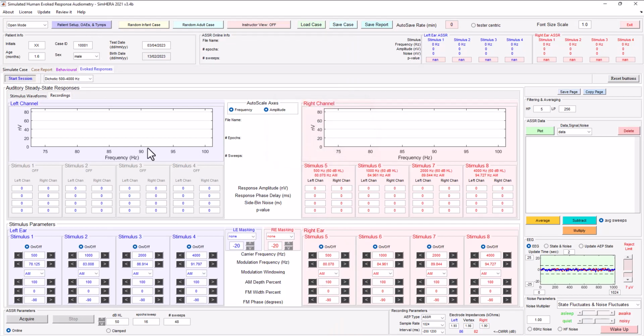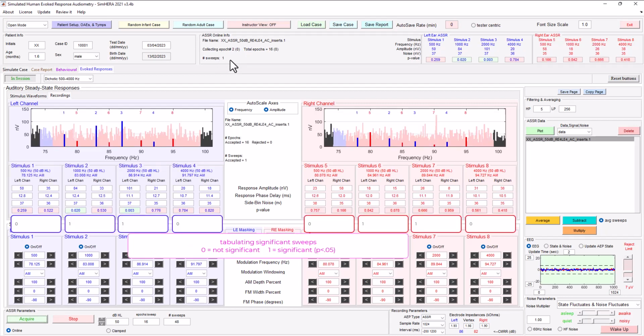Start the session first, and then start acquiring. So you'll see up here that we're collecting epochs, 6, and in the parentheses, there are 0 rejected epochs. And when this gets to 16, that will be one sweep in which the objective assessment statistics are generated.